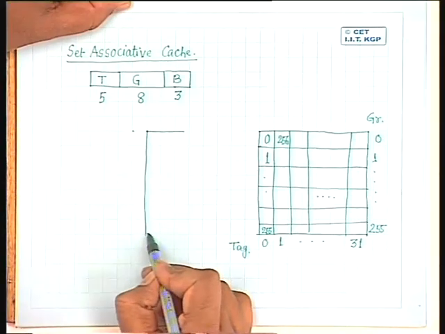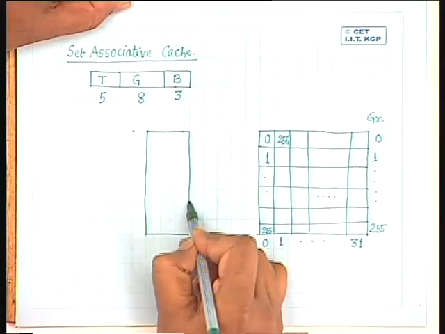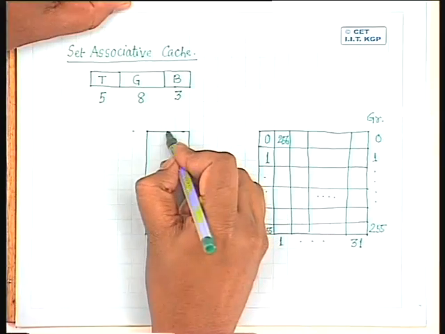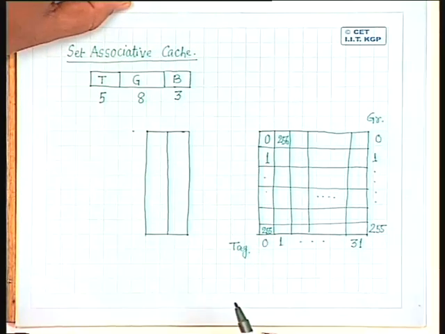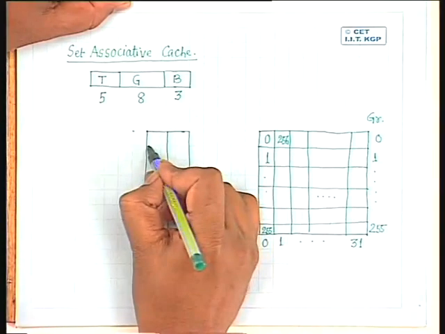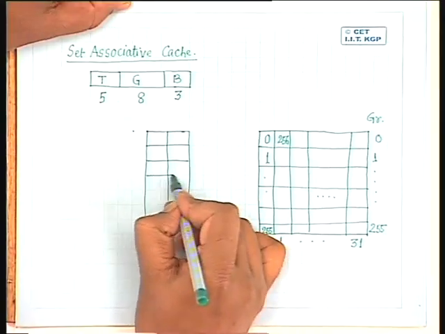Since we have 256 groups of blocks in the main memory, let us assume that we will have 256 sets of cache lines. And every set will consist of 2 cache lines.